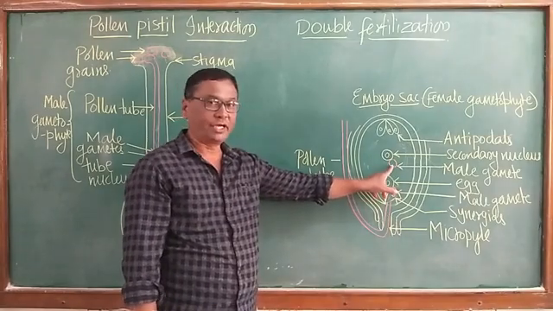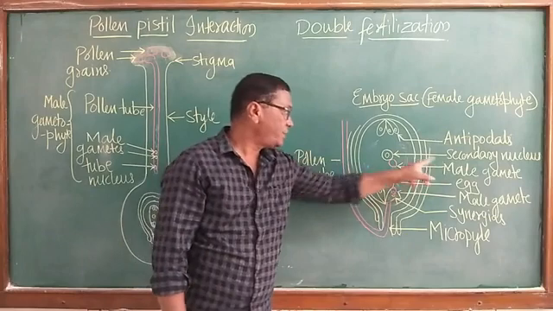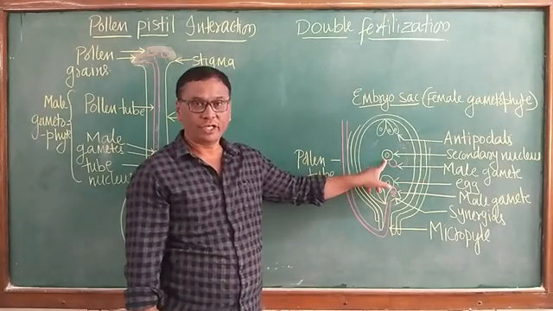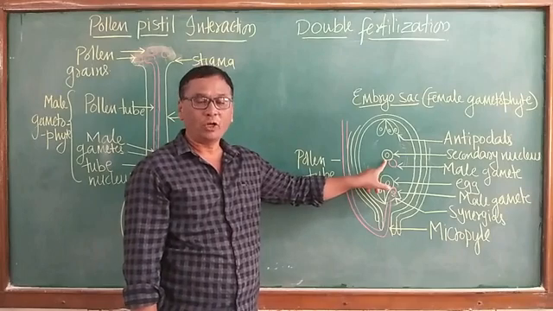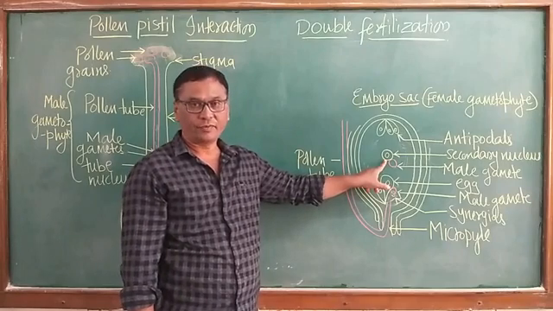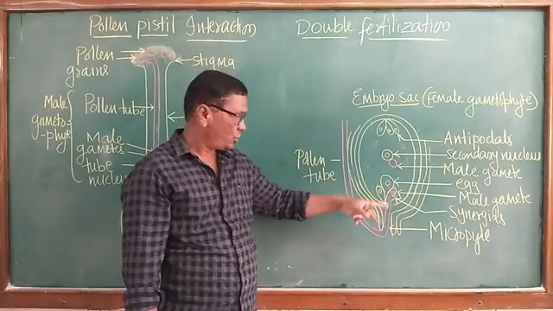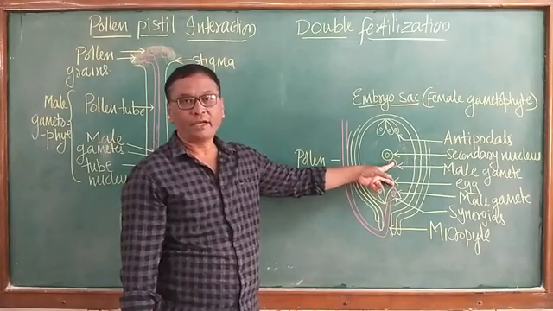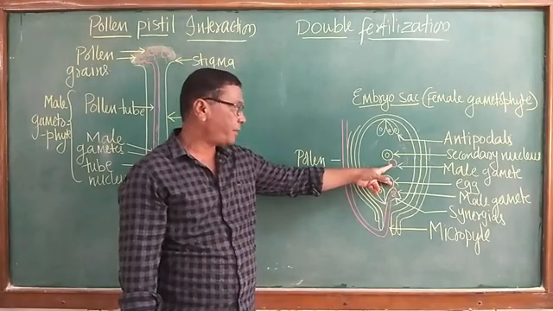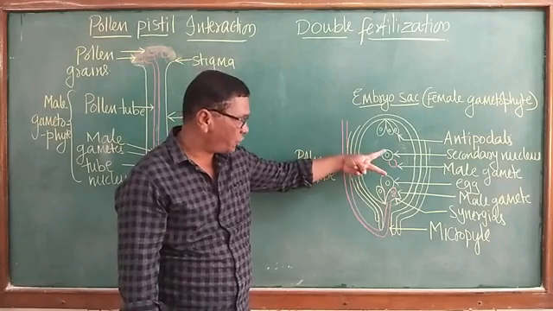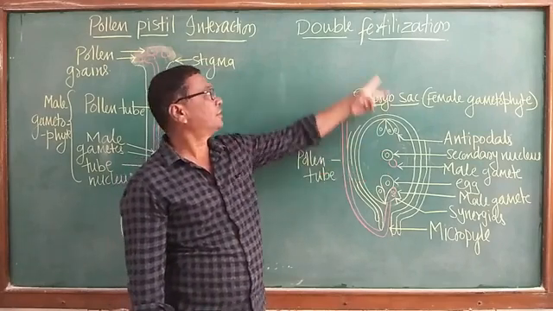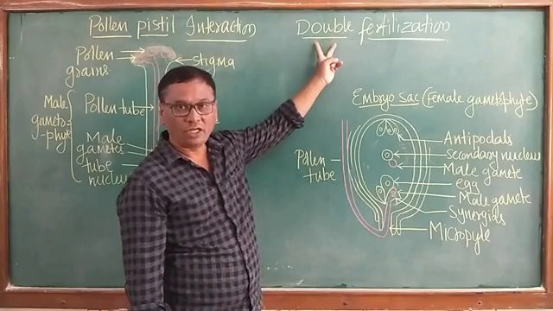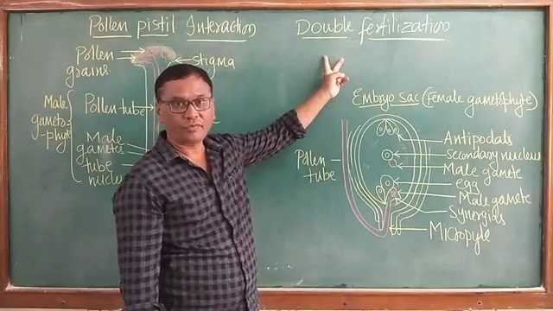Another male gamete unites with a secondary nucleus to form a triploid primary endosperm nucleus. As two male gametes take part in fertilization at two different places, it is called double fertilization.